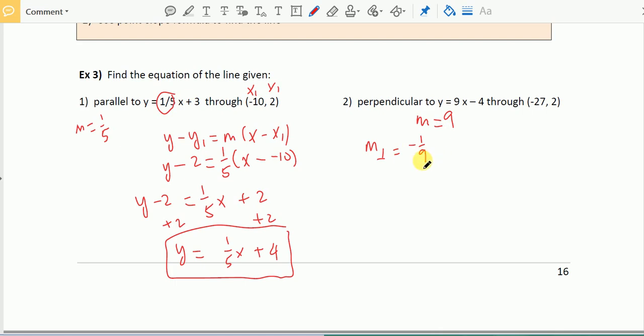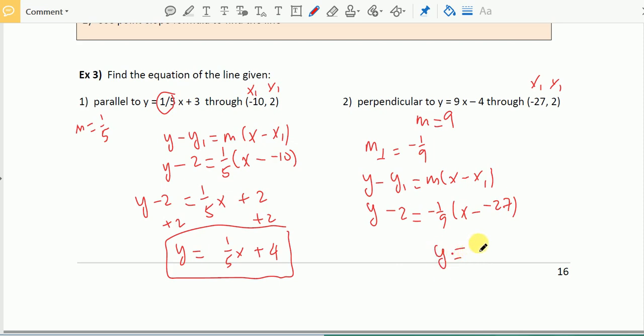And if you are doing the same thing here, you do y minus y1 equals m, x minus x1: 2 equals minus 1/9, x minus 27. And if you do this correctly, you should get y equals minus 1/9 x minus 1.